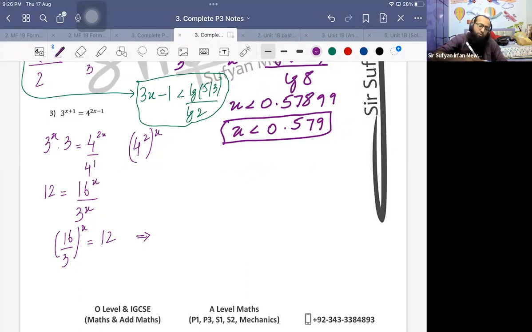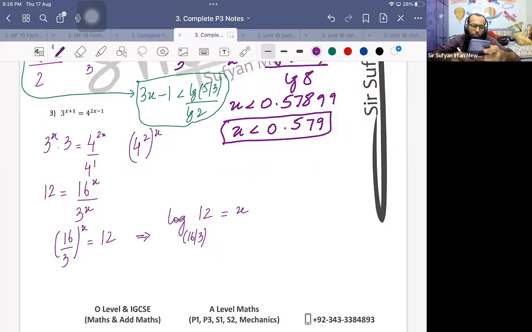We can convert it into log form. How? Log of the answer with a base of 16 upon 3. So log of 12 with a base of 16 upon 3 is equal to x.